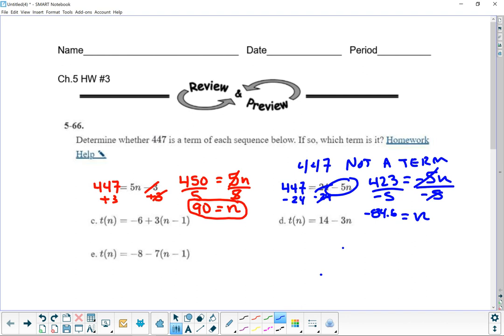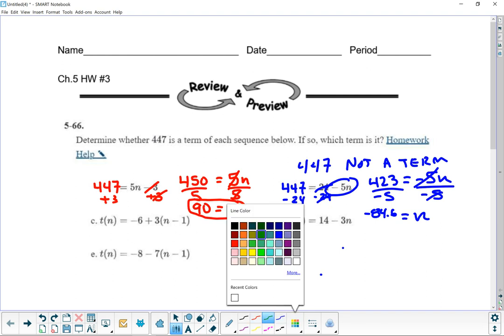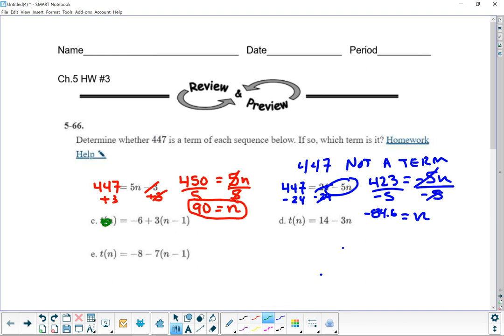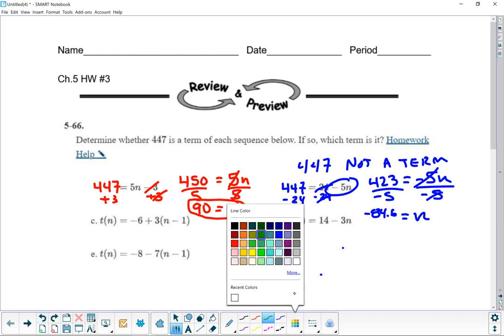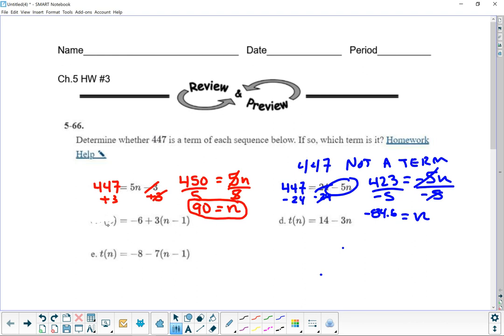Okay. On letter C, I'm going to get rid of that t of n and put in 447. I'm going to use green for this. So 447.